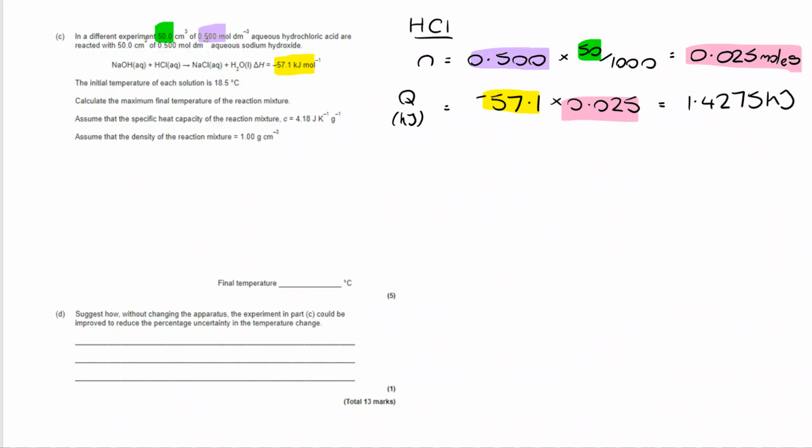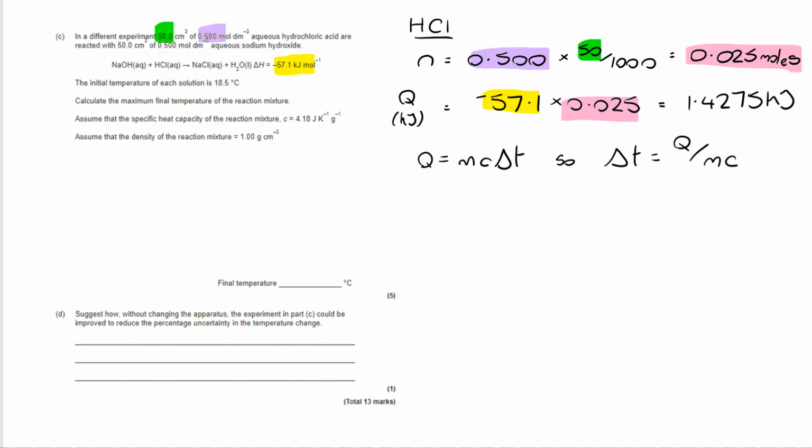So we're working out Q almost going backwards through the calculation there. But it is now important that we consider that Q is mcΔT. We are interested in the temperature, the final temperature that's reached. So let's rearrange that and make delta T the subject.